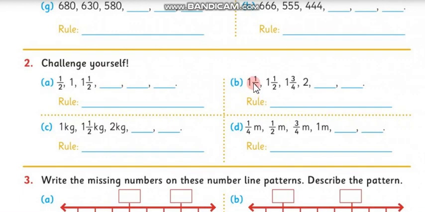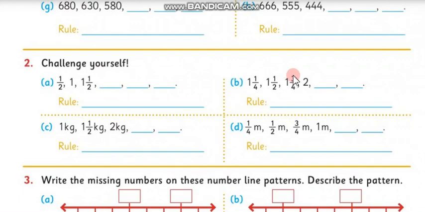Here we have 1 1/4, 1 1/2, 1 3/4, 2. What is the difference between all of these? And we're lucky, it's the same difference between each one. So 1 1/4 and 1 1/2, what's the difference? That's right, a quarter. To go from 1 1/2 to 1 3/4, we need to add another quarter.